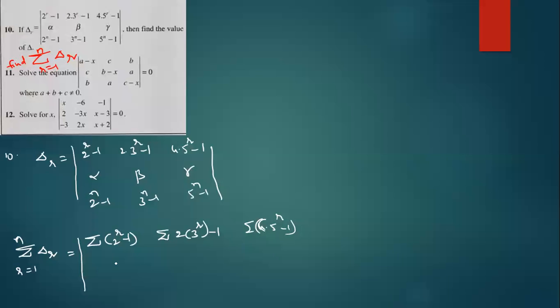So this is the constant. In this case, you cannot apply sigma, because these are constants. r means the variable changing. So I'm writing the cases individually.